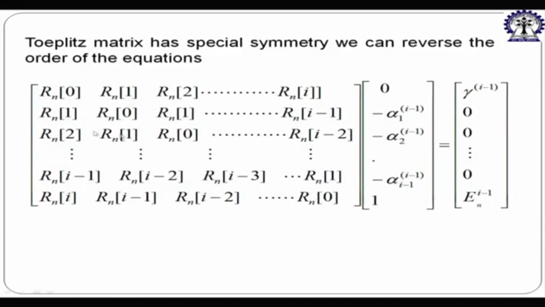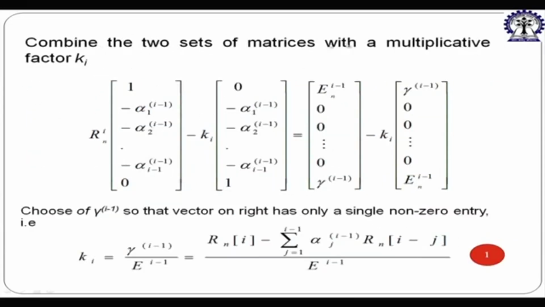This is a Toeplitz matrix with special symmetry, so we can reverse the order of the equations, and once reversed we can combine the two sets with multiplication factors on both sides, so it remains the same.